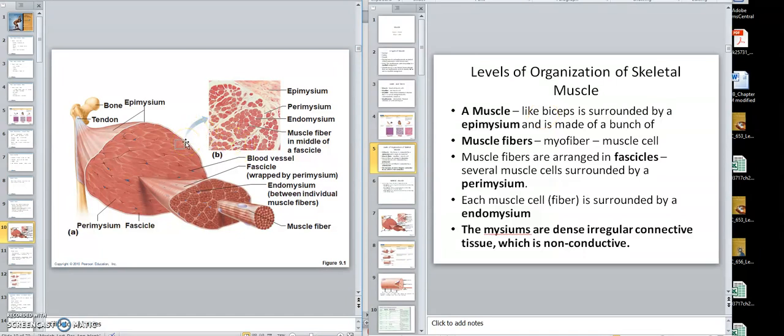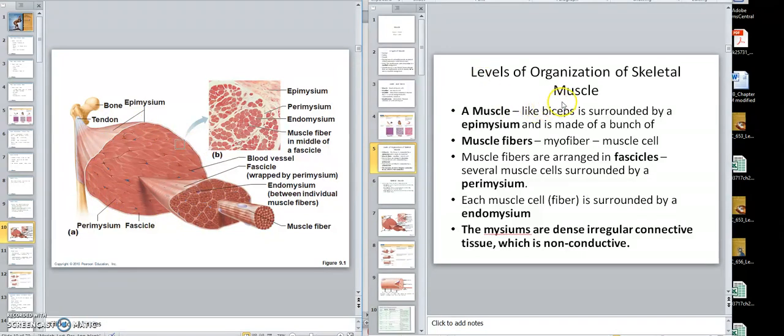Now you've all eaten steak, I'm sure, and you see that white part before the steak has been cooked. That's connective tissue. A muscle like the biceps is surrounded by an epimysium. The whole muscle, that's a dense, irregular connective tissue. That's the epimysium around it, like around a big steak.